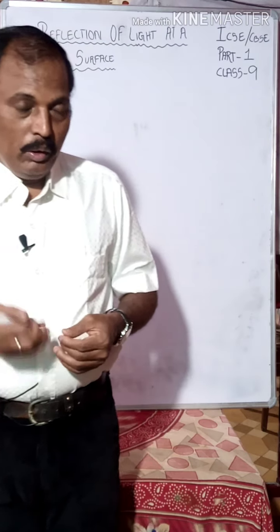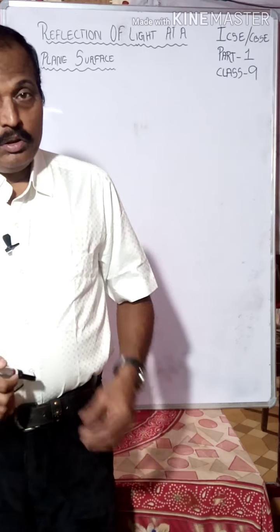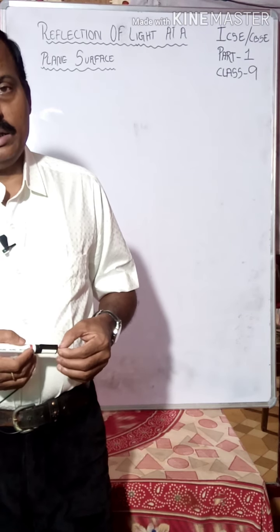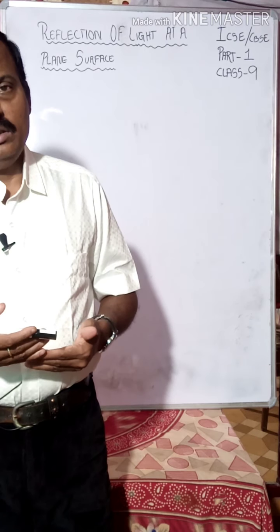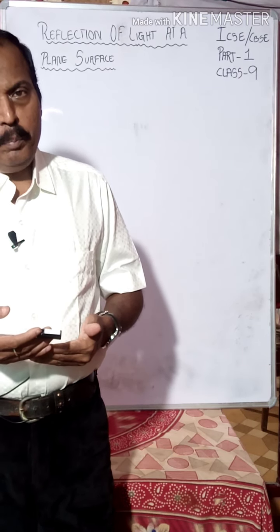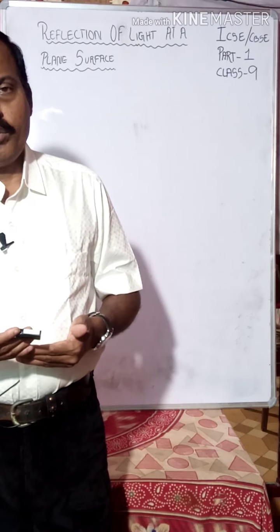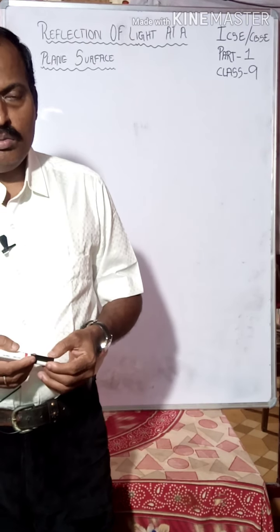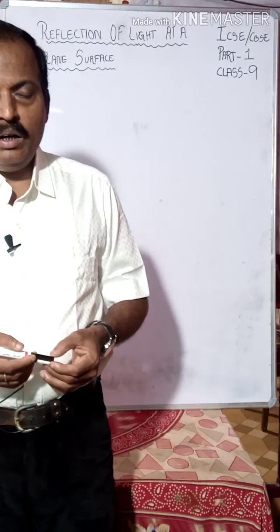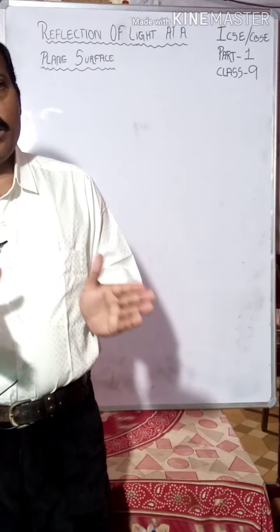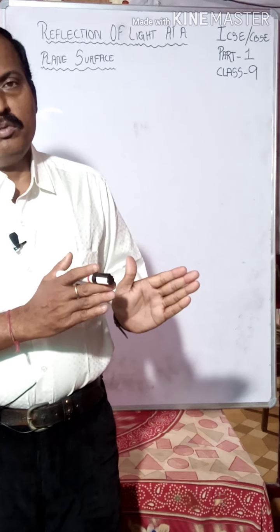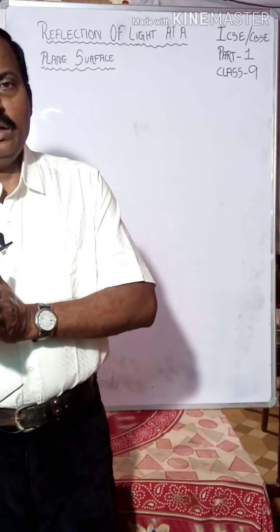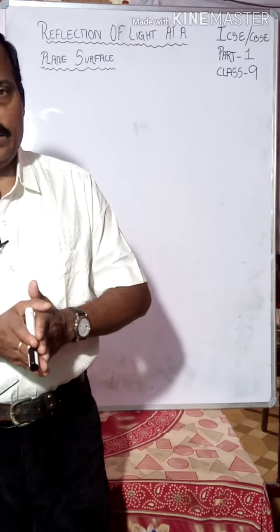Today we will start the reflection of light. What is reflection of light? In your room, in your home, in your surroundings, we see so many things, even where direct sunlight does not fall, otherwise we see objects in shadow places.